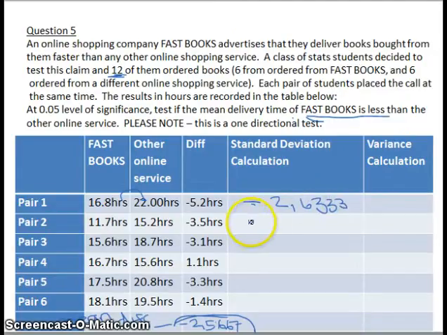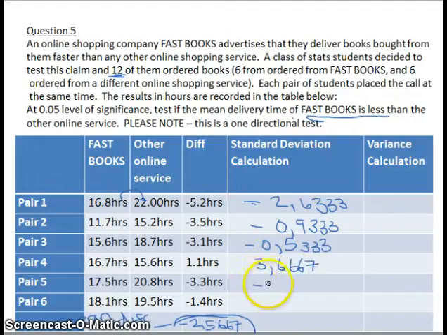2.6333. For my second pair, the answer was minus 0.9333. The third one, I got 0.5333. The fourth one, I got 3.6667.